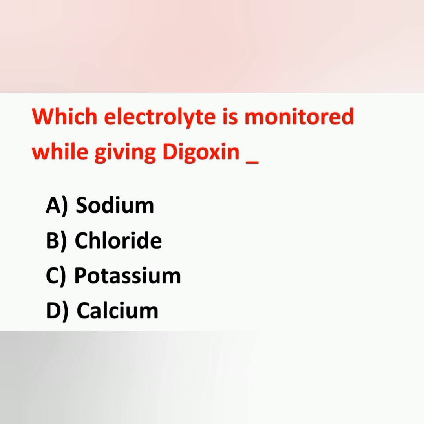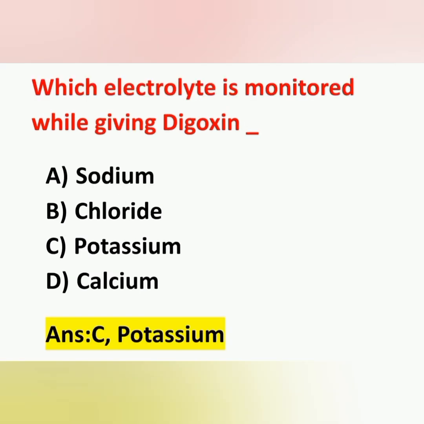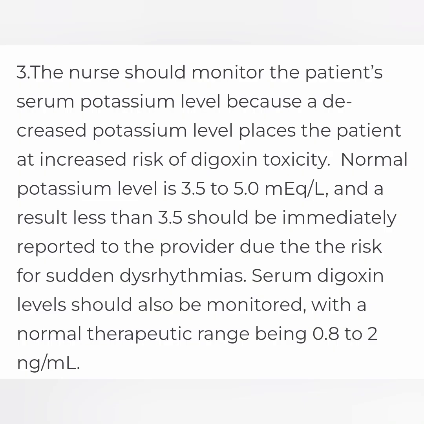Which electrolyte is monitored while giving digoxin? And our options: option A sodium, option B chloride, option C potassium, and option D calcium. The correct answer is option C potassium. While giving digoxin, we should monitor serum potassium level because there is a chance of digoxin toxicity.